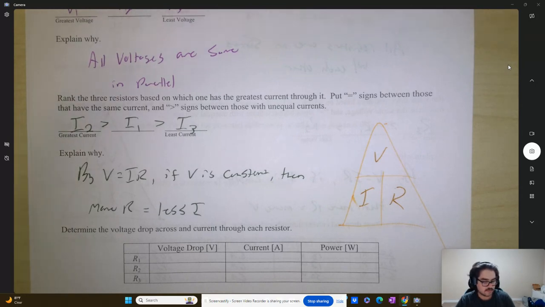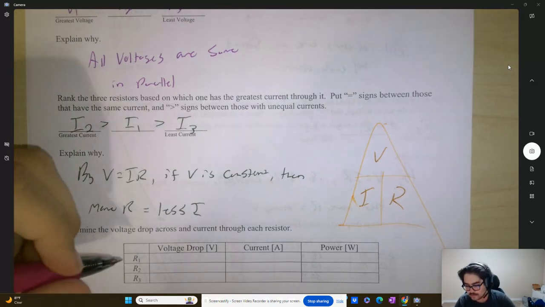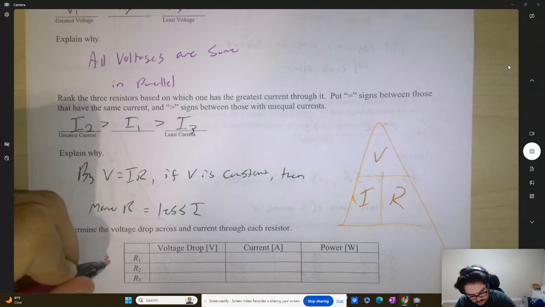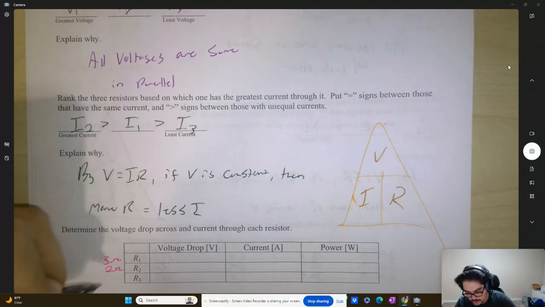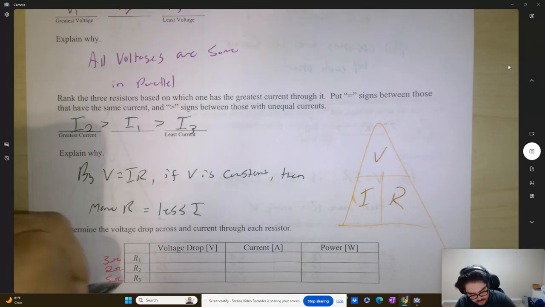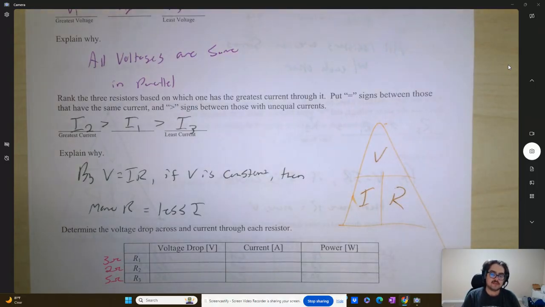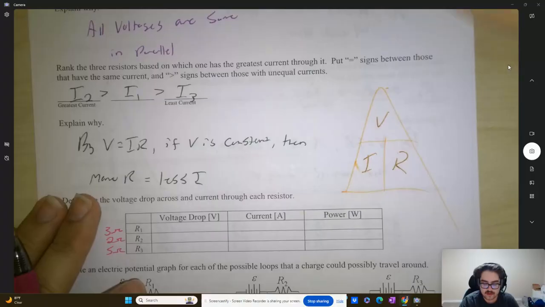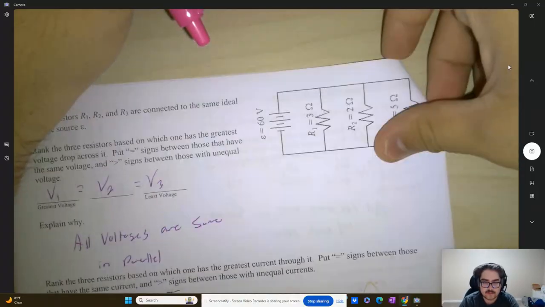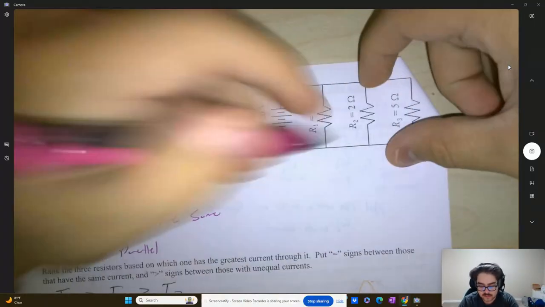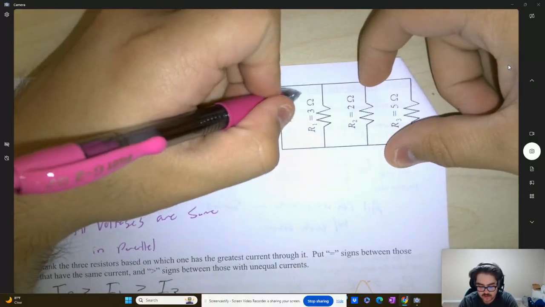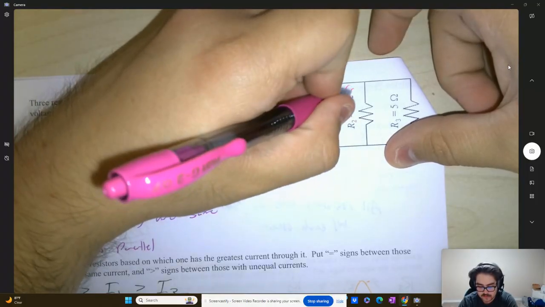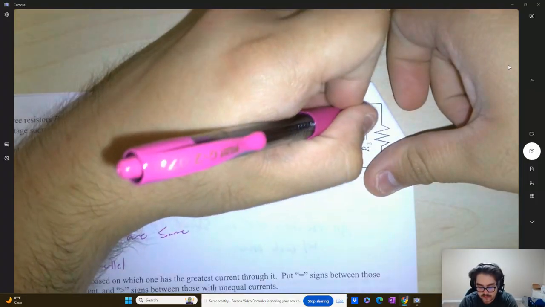And the reason that works out is because, let me just write our resistances right here, 3 ohms, 2 ohms, and then 5 ohms. The reason this is easier is because our voltage should be the same for every element. Our EMF has already been given to us as being 60. So this means that we've got the same voltage here, 60 volts, 60 volts, 60 volts.